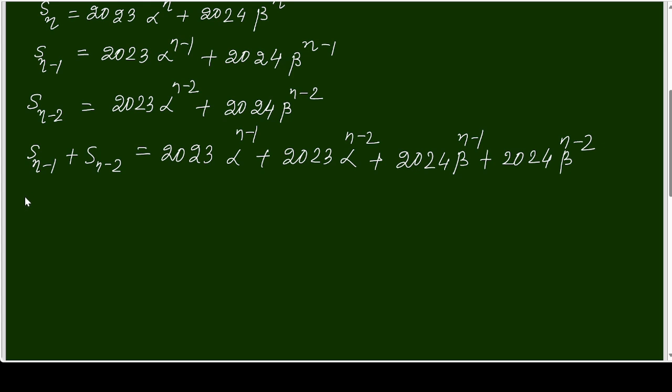So this sum, on simplifying, as sum of n minus 1 term and sum of n minus 2 terms, is equals to taking 2023 alpha to the power n minus 2 common from first and second, it will be your 1 plus alpha.